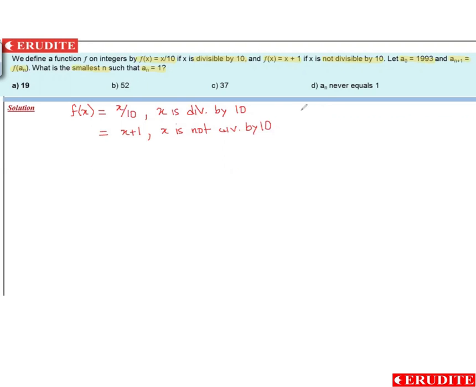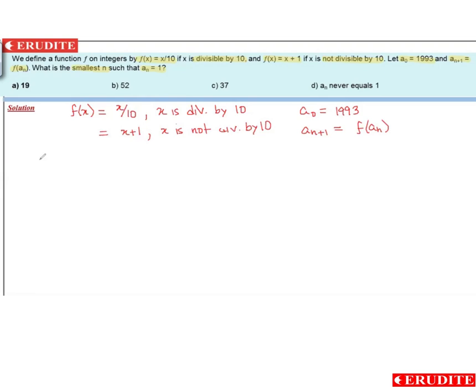It is also given that a0 is 1993 and a(n+1) is equal to f of an, right?